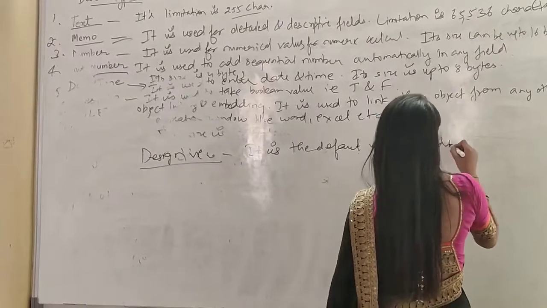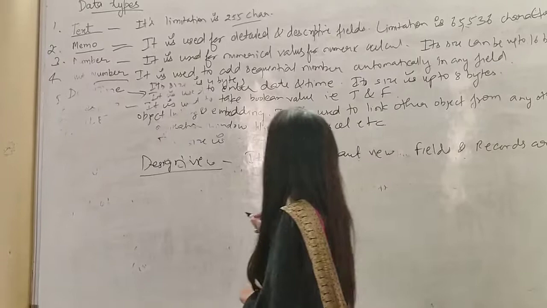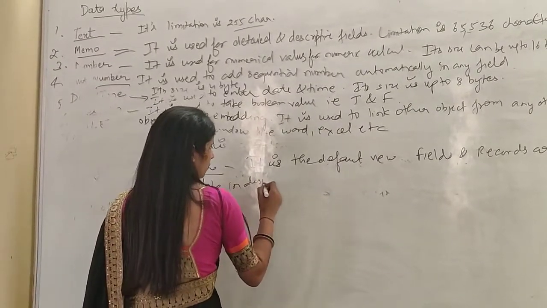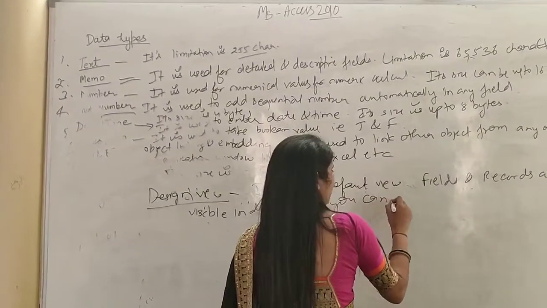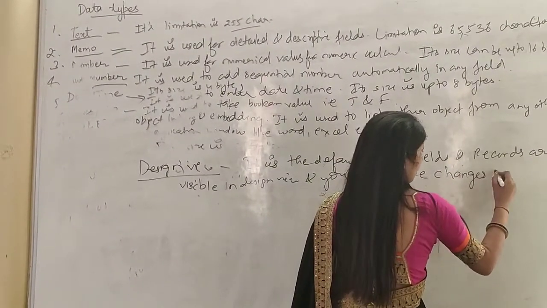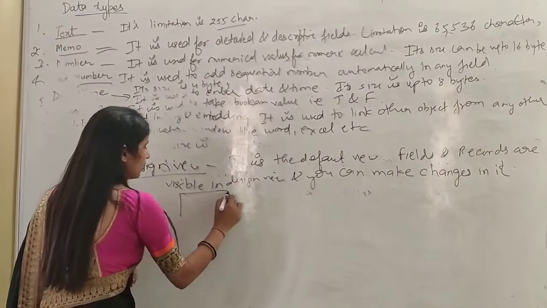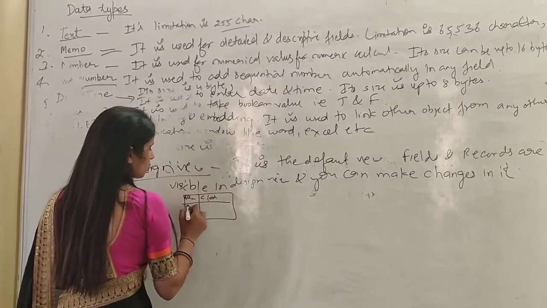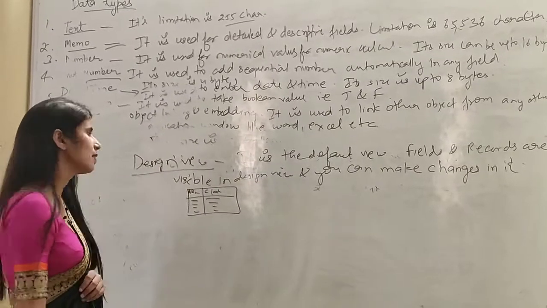Fields and records are visible in design view and you can make changes in it. Suppose any field is there. So suppose here is name and here is class. So the field name are also there, classes are also there and you can edit the contents very easily.